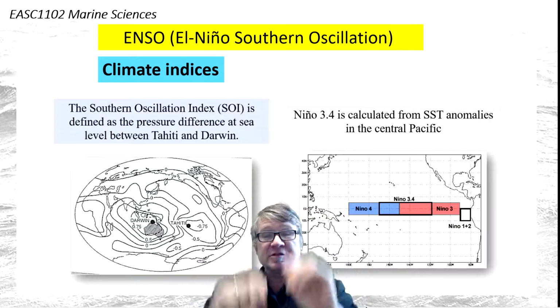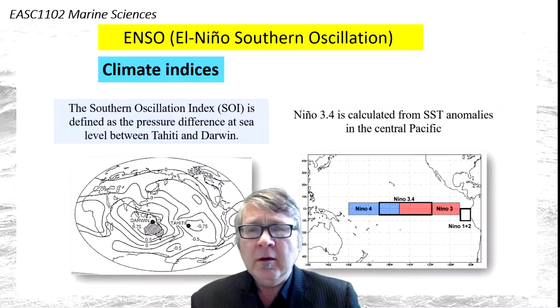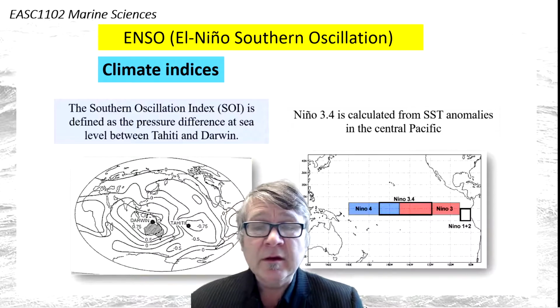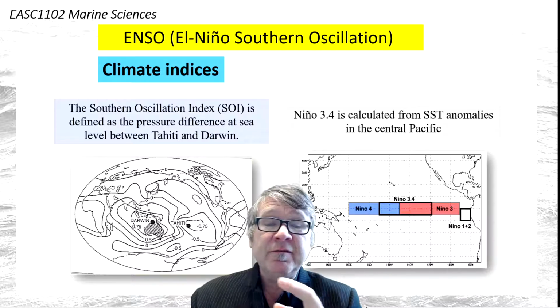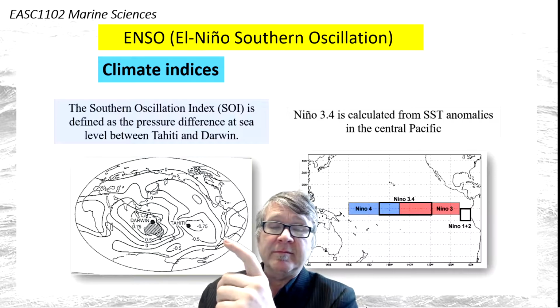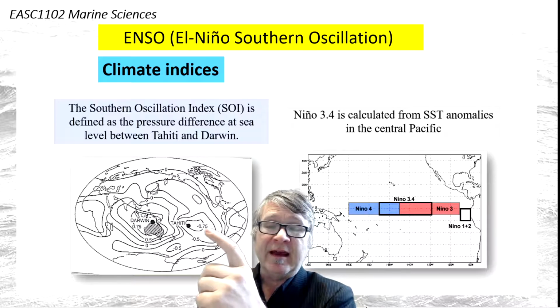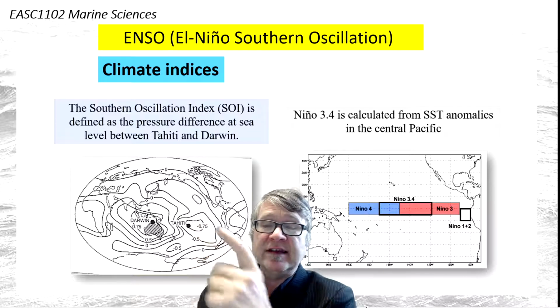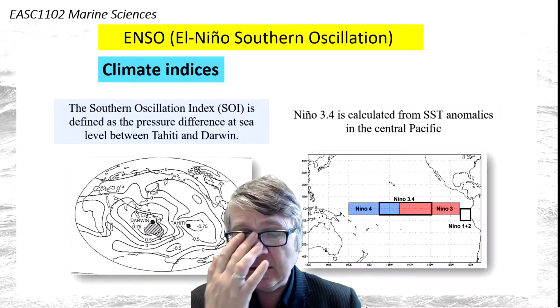One option is you can look at weather data. The idea is, for example, you look at the pressure difference between Tahiti and Darwin. You have weather stations here, shown on this map.